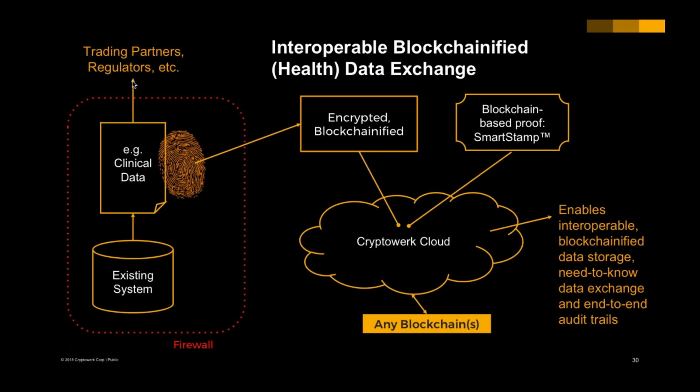Now, how can you do this without stopping the system, without re-implementing, without sharing the sensitive data, keeping it behind your firewall, and then using blockchain in an interoperable way, so you don't get locked into a specific vendor or a specific blockchain technology that may become obsolete tomorrow?